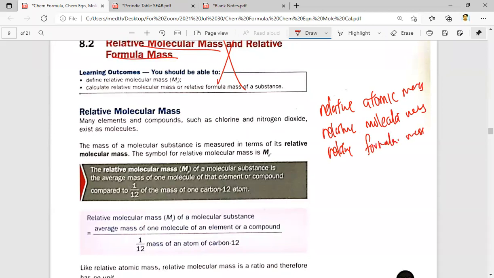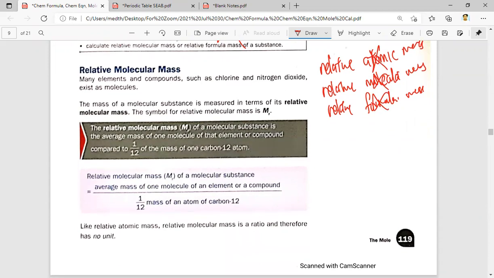It is going to be very confusing to just know the differences between these three, because the difference is really quite minute. It's very, very small. And hence I don't want you to confuse yourself with all this. Just take note, we just cancel all the middle word.